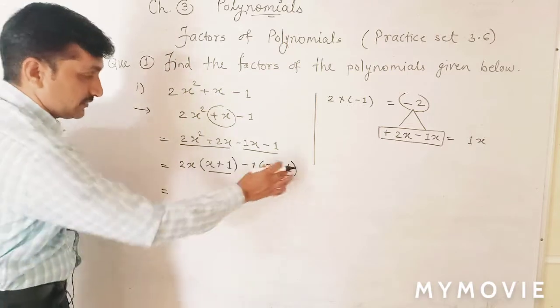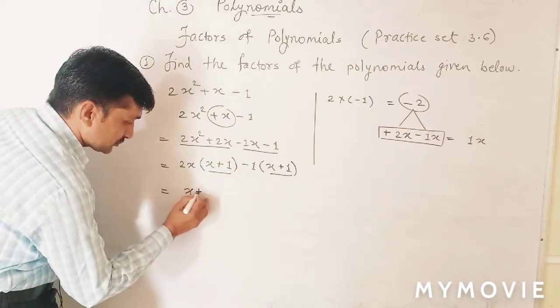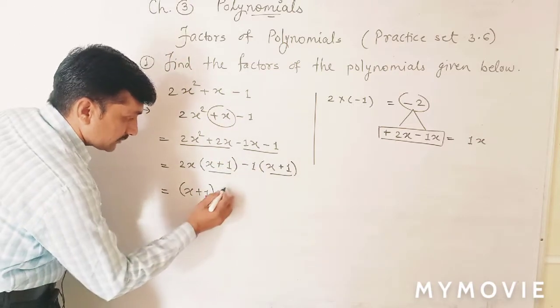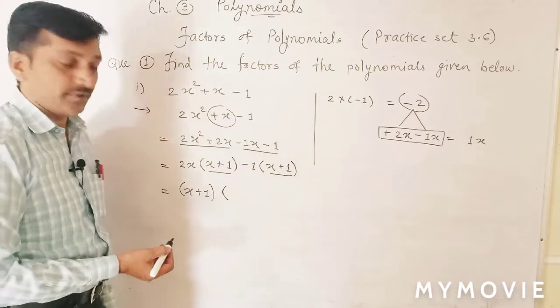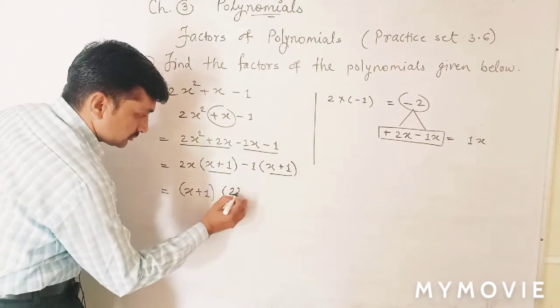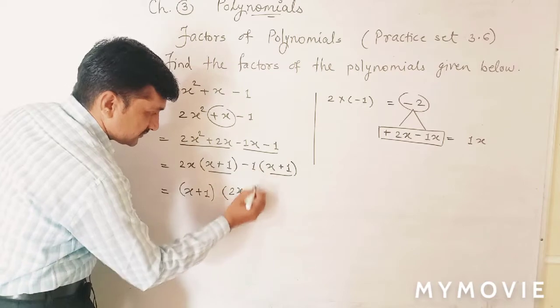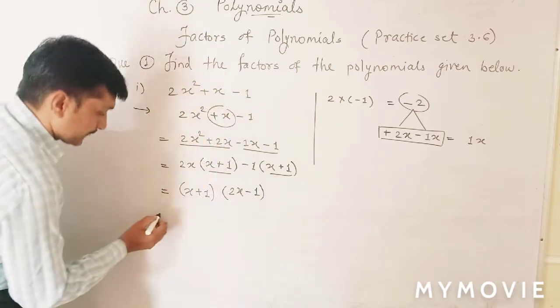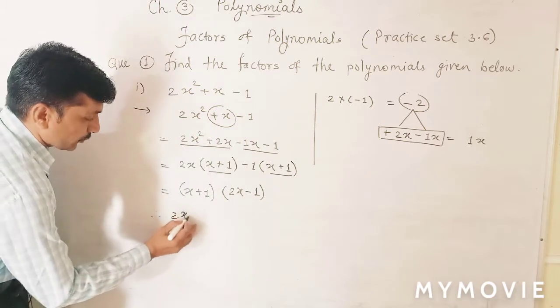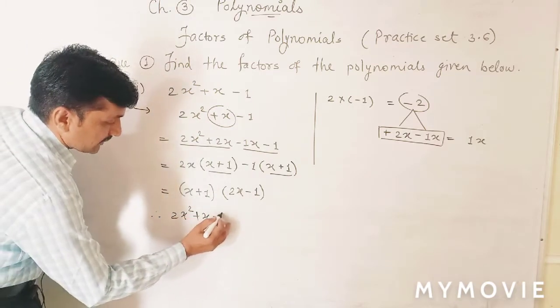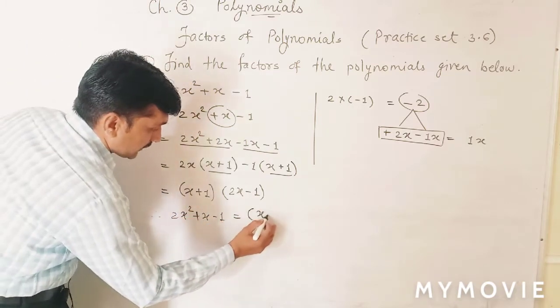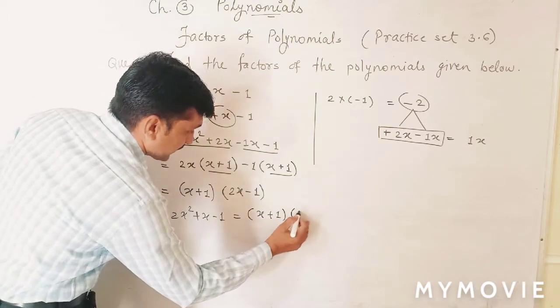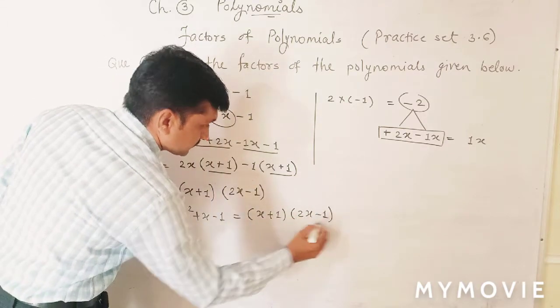Therefore x plus 1 is the common term, and the uncommon terms in the second bracket are 2x minus 1, and these are the factors of this. Therefore 2x square plus x minus 1 is equal to x plus 1 times the second factor 2x minus 1.